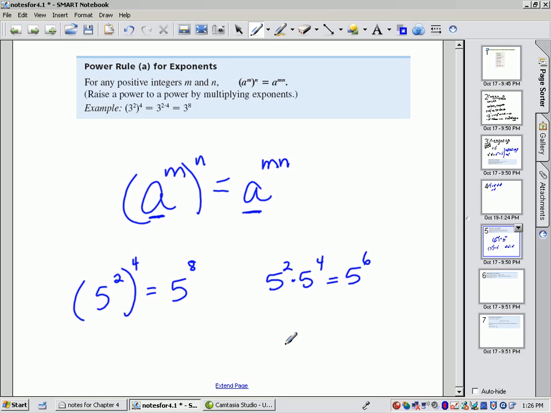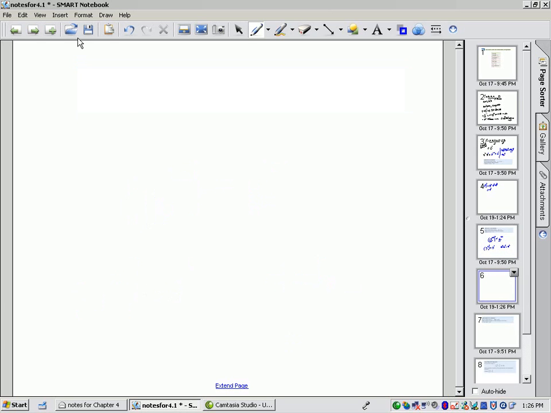Let's talk about another property. Let me illustrate it as well. This deals with something of the form 2x squared, cubed. That is, you have a product inside raised to a power. Well, by the rule of the exponent, if this is our base, 2x squared, it has to repeat 3 times.